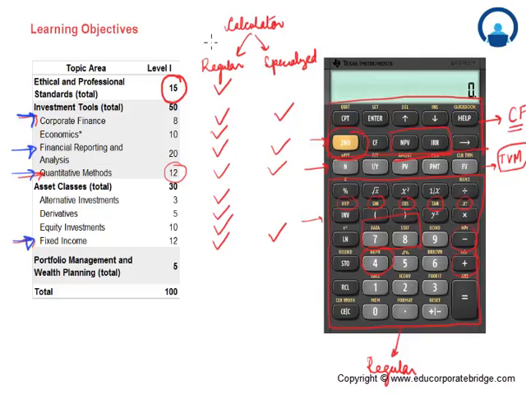The first thing we are going to discuss is the regular usage. Then we will come to the quantitative analysis specialized usage. Number 3, we'll go to the corporate finance specialized usages. Number 4, financial reporting and analysis, and number 5 will be fixed income.